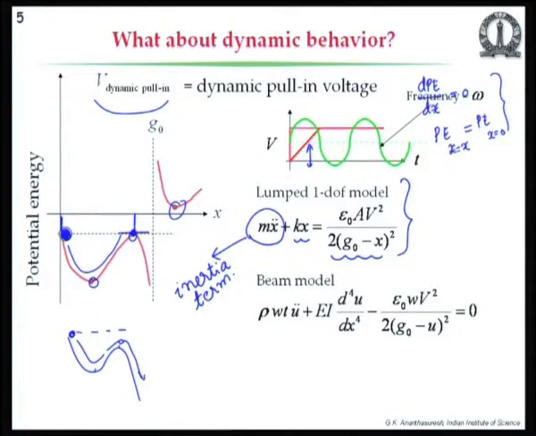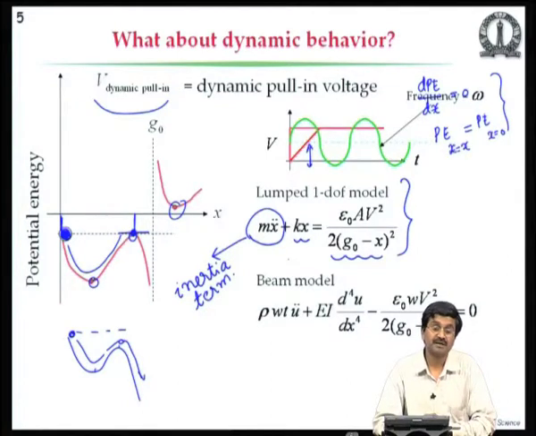Okay. Now, when we solve it, we get something, but as you might recall from the lecture that we had on vibrations in general, a concept called resonance should come to your mind. Resonance occurs when the frequency of the forcing function, in this case the voltage, coincides with the natural frequency of the system.